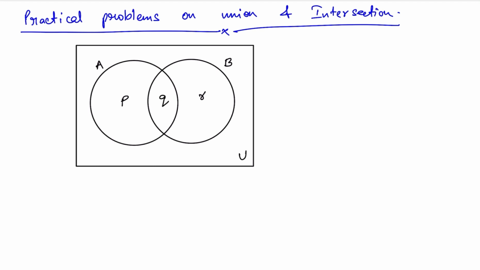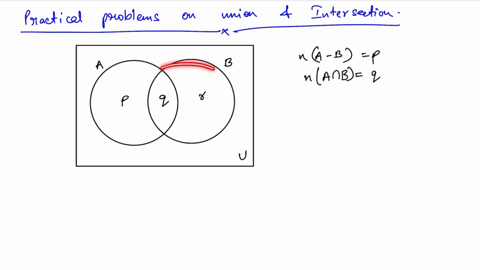We have already learned about this region. That region is actually A minus B, so the number of elements in A minus B is p. This is the intersection part, so the number of elements in A intersection B is q.